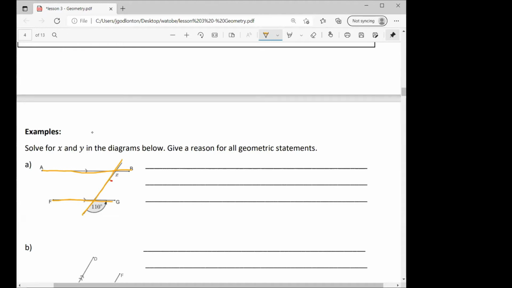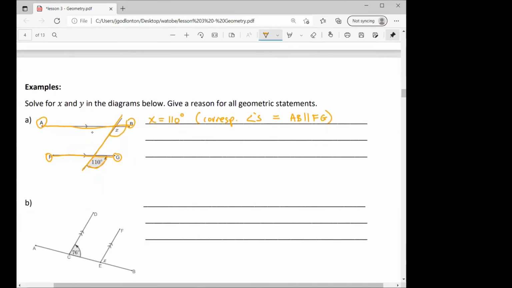So I can see straight away that these two angles are equal to each other, and I can jump straight to saying X is equal to 110 degrees because corresponding angles are equal. And then I have to say which lines are parallel. So for me, AB is parallel to FG. That's how these types of questions should look.